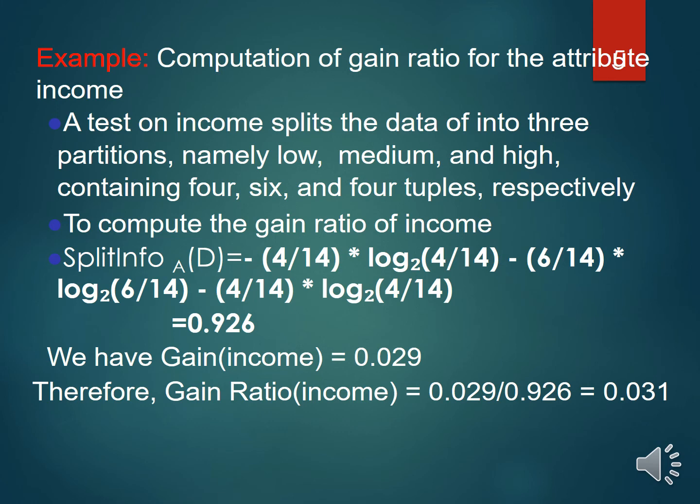Now the gain of income is 0.029. So the gain ratio of income is the gain of income, 0.029, divided by the split information we have got, 0.926. So the gain ratio is 0.031. This is how you calculate the gain ratio.